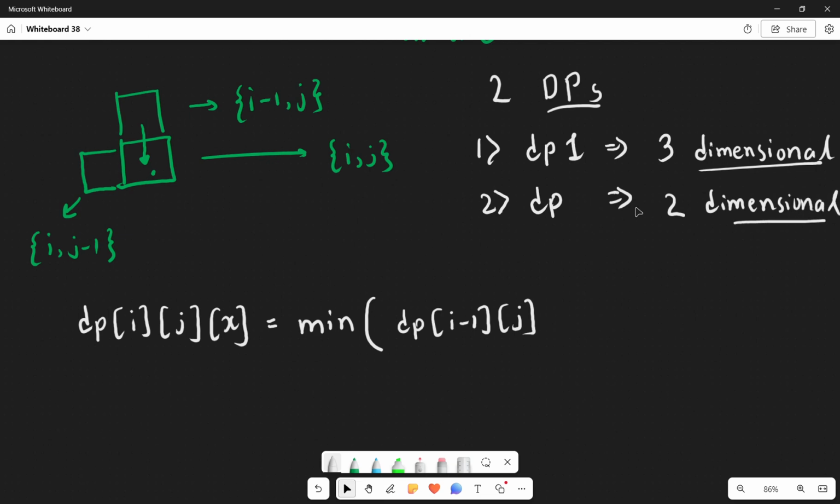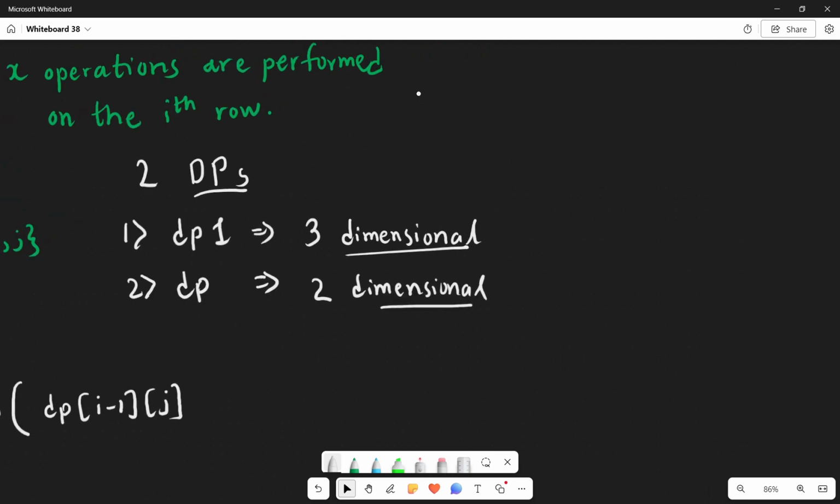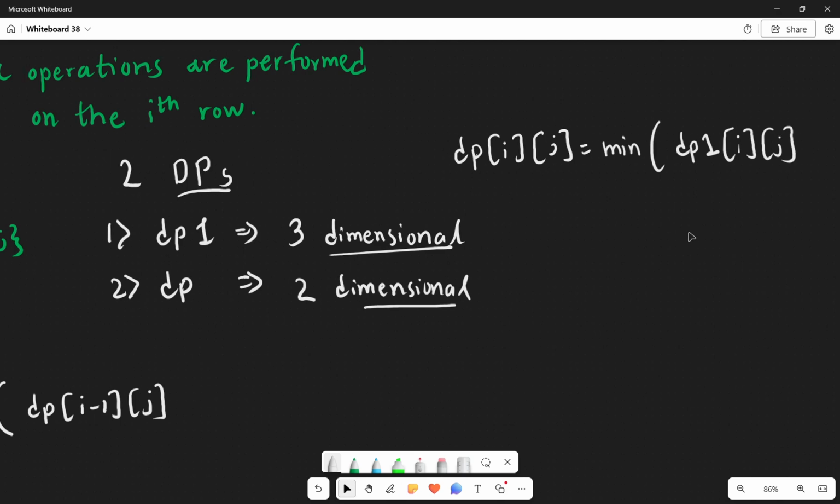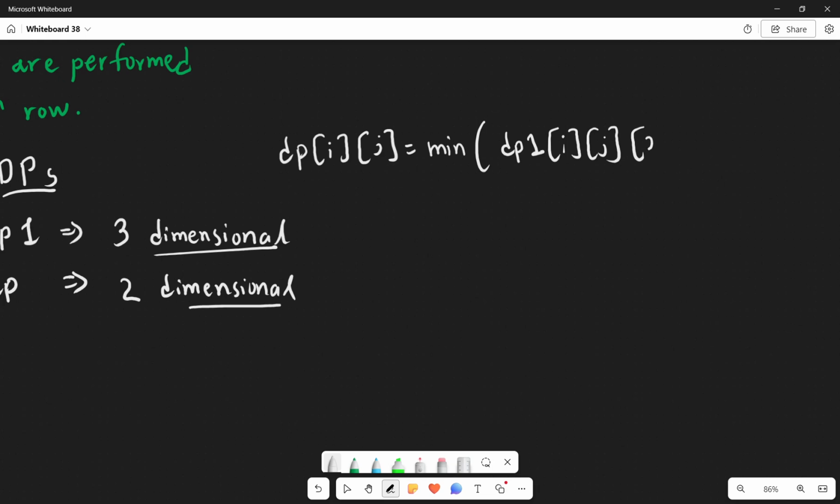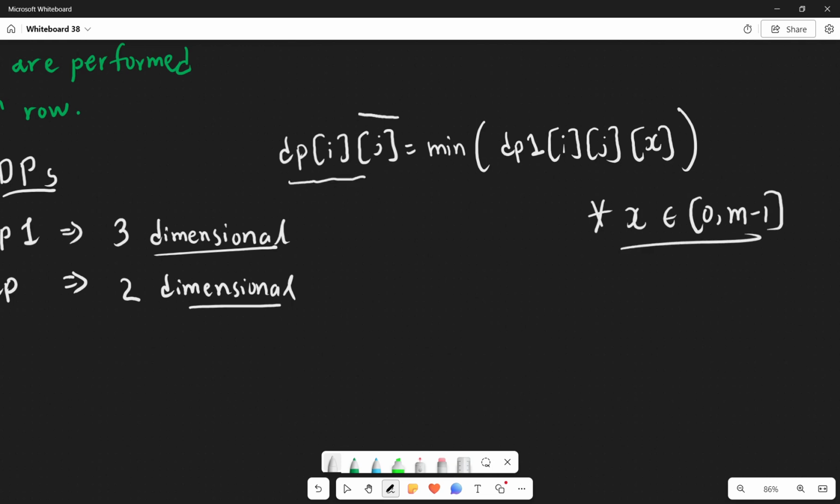The definition of my two dimensional dp will be such that dp of i comma j is equal to the minimum over dp1 of i comma j comma x for all x belonging to 0 to n minus 1. So finally my answer will be dp of n comma m.